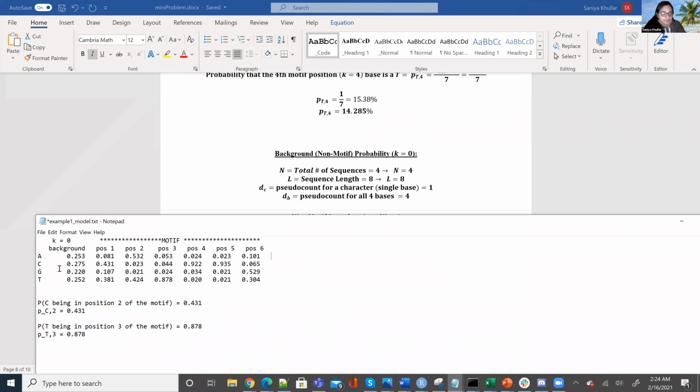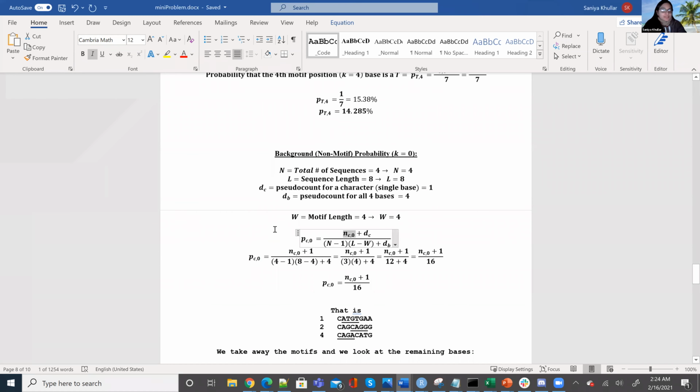So what this tells me, for instance, is that I would expect 27.5% of the time that in non-motif positions, I would find a base C. 22% of the time I would find a G in this background position. And then 25.2% of the time, it'll be a T and an A as well. So that's what it tells me.